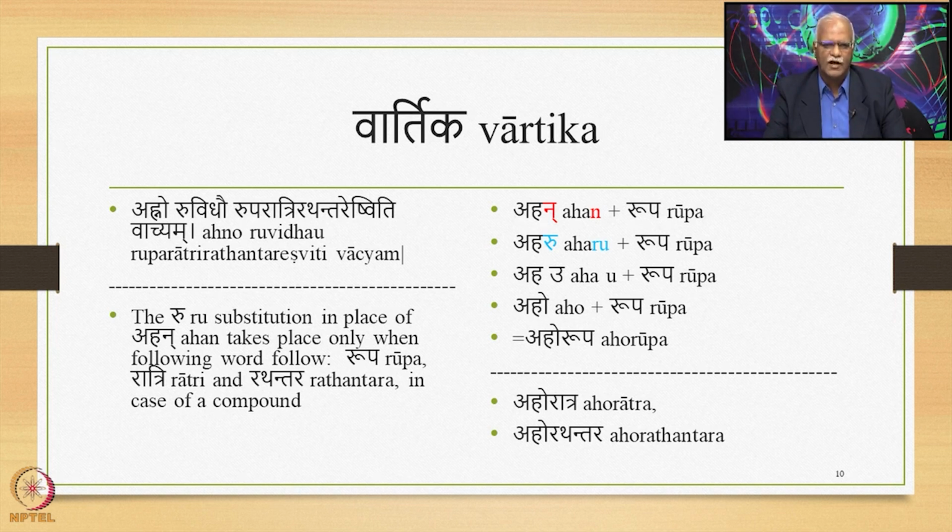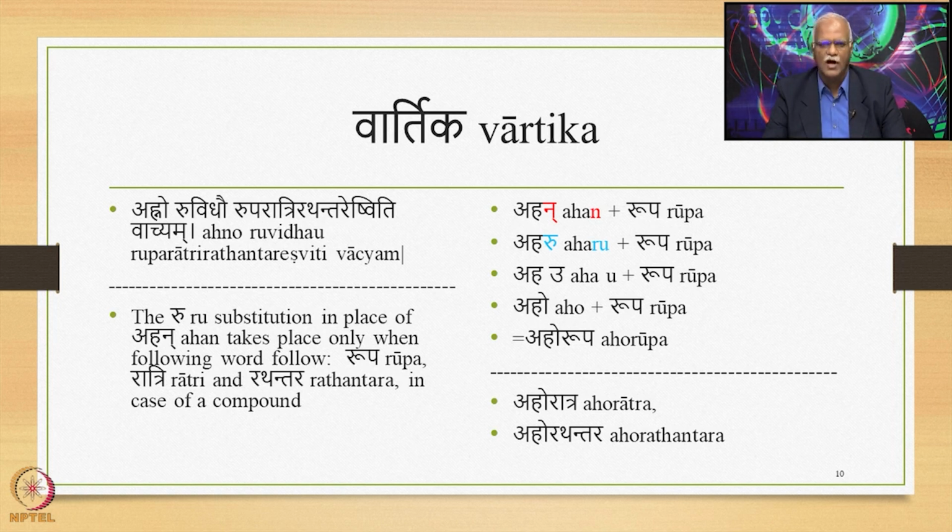So we have the Vartika saying Anhoru vidhau Rupa Ratri Rathantareshu iti vachyam. The meaning is the ru substitution in place of ahan takes place only when the following words follow: Rupa, Ratri and Rathantara in case of a compound.